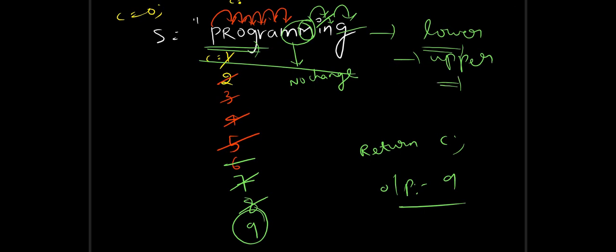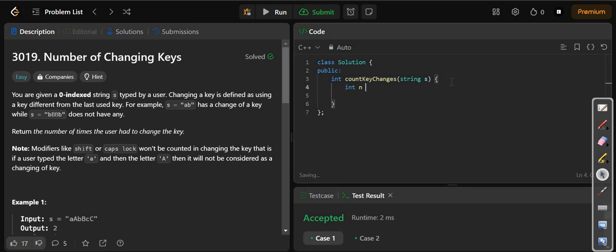I'll write the code. So initially take int n equal to s dot size, and take a count variable and declare it to 0 initially. Now we have to convert the given string into lowercase or uppercase.